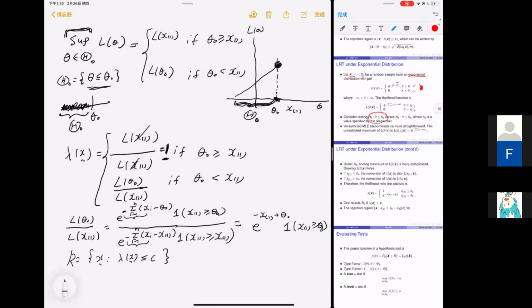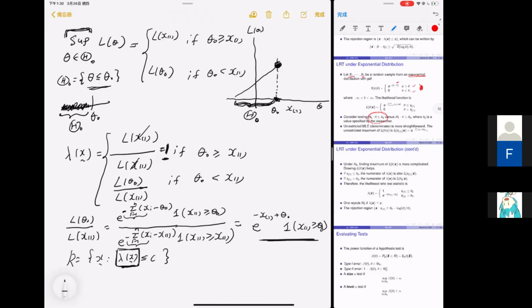Okay, then again, this is lambda x right here. Of course, 1 right here. You will see that later. Okay, lambda x. Again, ask yourself, do I know the distribution of lambda x? Possibly not.